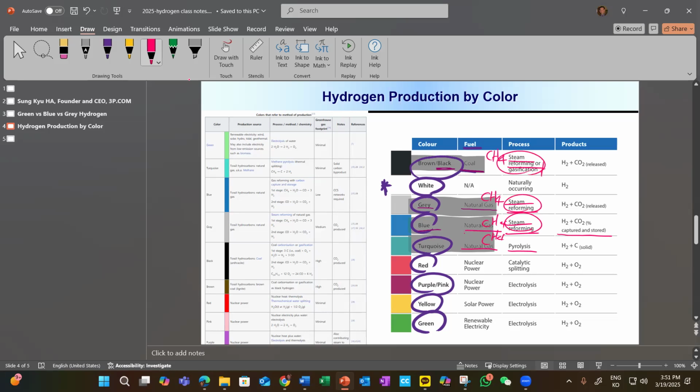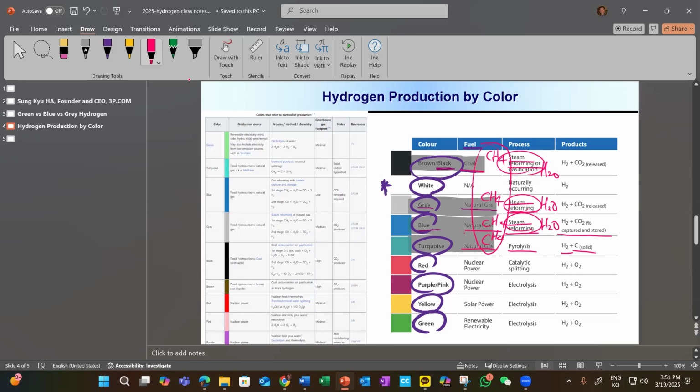Steam reforming is where you add H2O. The last one is CH4 natural gas, but pyrolysis is just splitting C and H without adding H2O. But again, the important concept is we are all using CH4 methane as a fuel system.